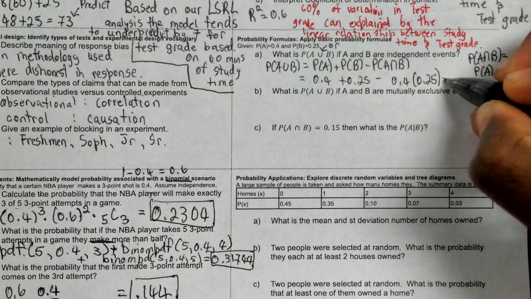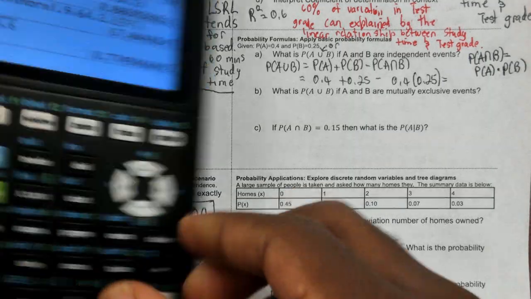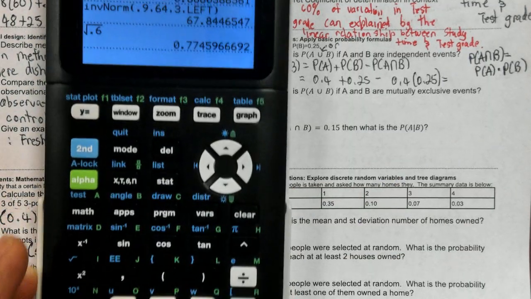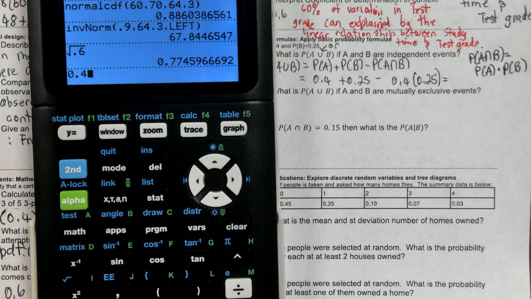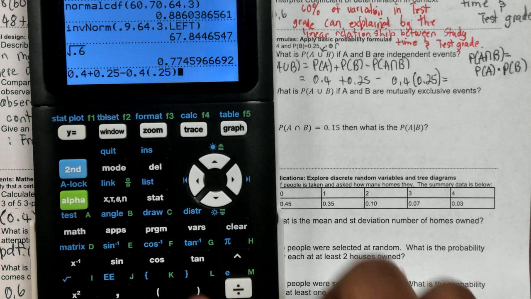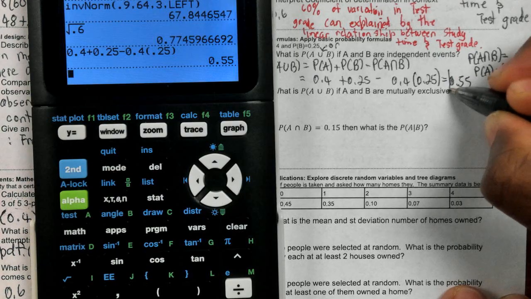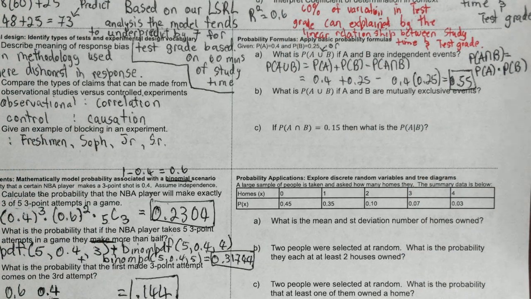So in my calculator I type 0.4 plus 0.25 minus 0.4 times 0.25. Bam. So 0.55. That's the probability of A or B given that they're independent.